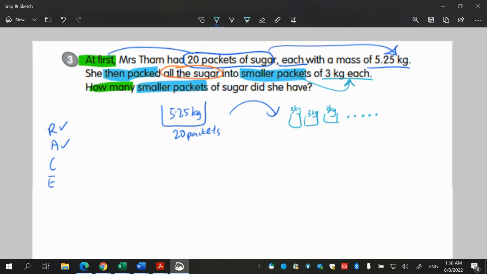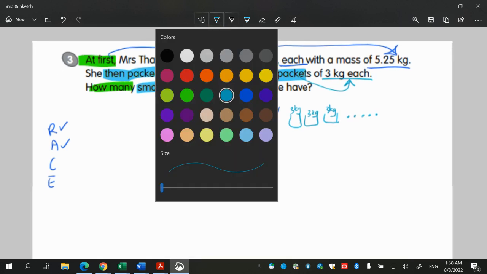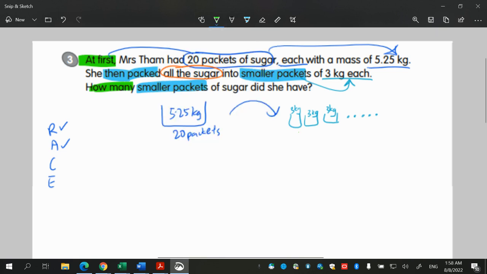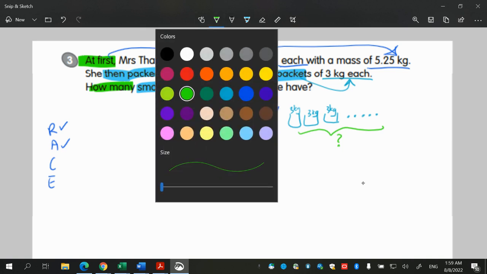And the question is, how many of such packets do you get? After the drawing, I hope it helps you understand this better. If you need, you can pause the video anytime to catch some of the information. And I'm going to continue.